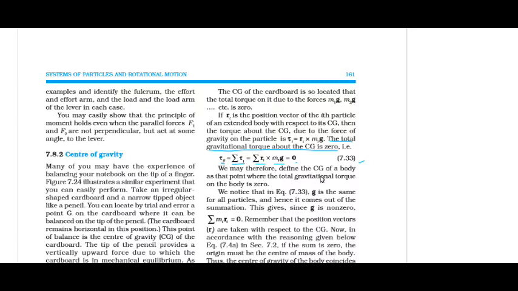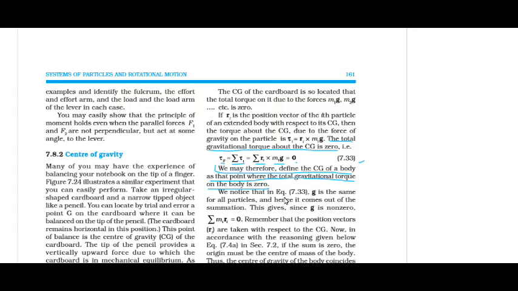We may therefore define the CG of a body as the point where the total gravitational torque is 0. This is very important. From this equation we have found the definition of CG, the center of gravity. So what is center of gravity? Center of gravity of a body is the point where the total gravitational torque on the body is 0.